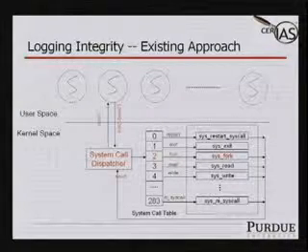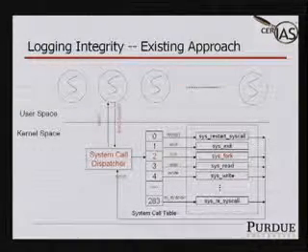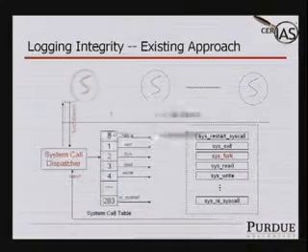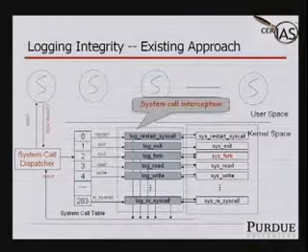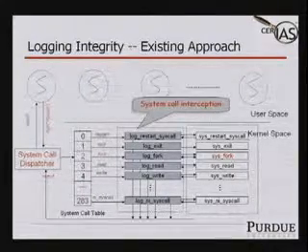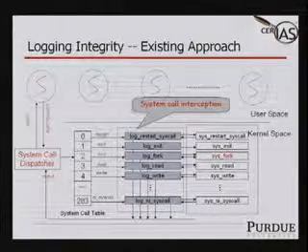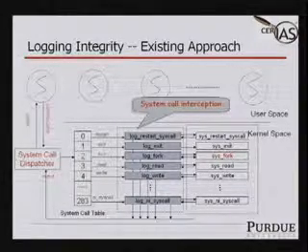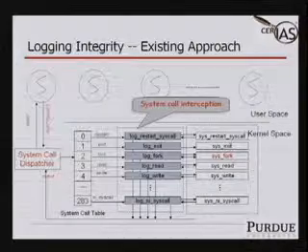And in order to record the system call and its corresponding action, this is the standard, quote-unquote, state-of-the-art implementation. You just insert the logging mechanism between the dispatcher and the actual execution of the system call, right?